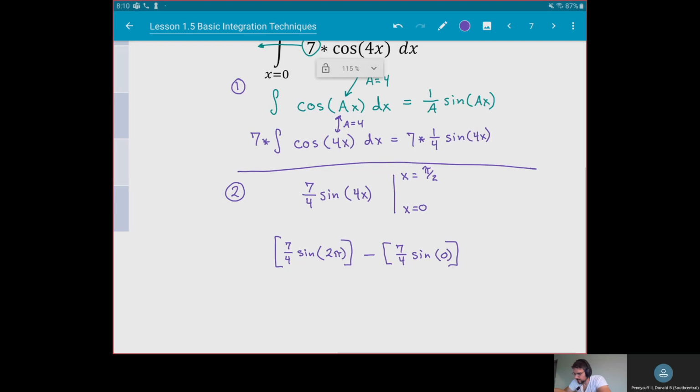It's going to take a while because it's trig. All right, let everybody get up to here. Okay, so we are going from 0 to pi divided by 2.